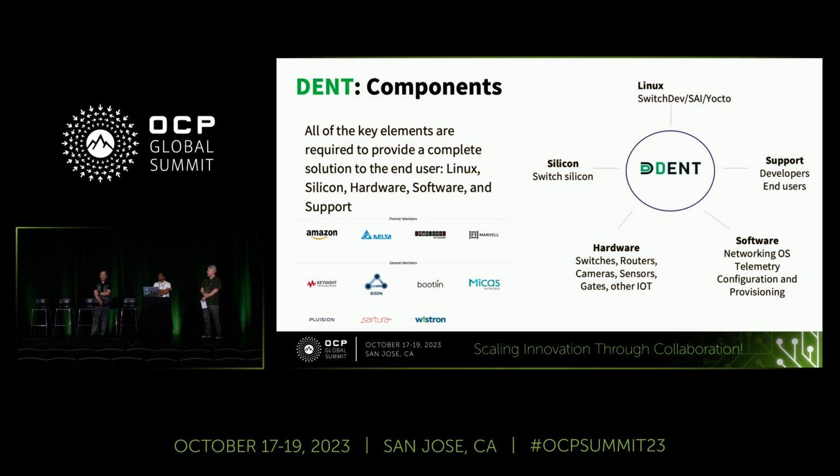There are pros and cons. I'm not going to go into this in this talk. But now with SwitchDev and SAI both supported as a way to access the data plane and the ASICs, I believe that Dent now is covering the best of both worlds and offers a choice for deployment.